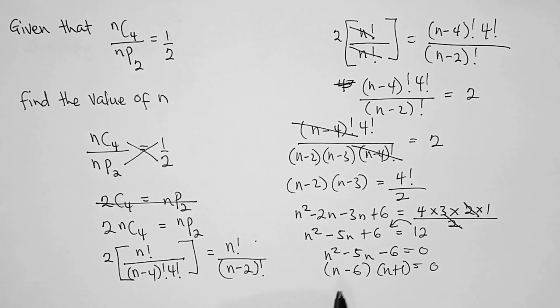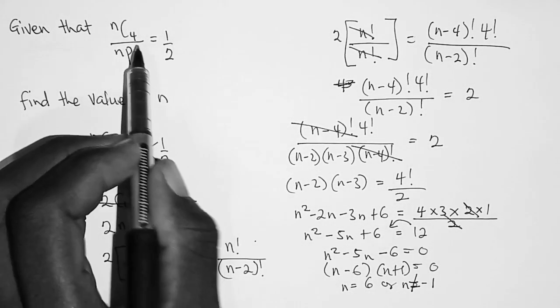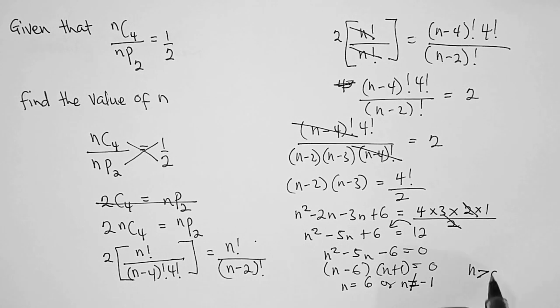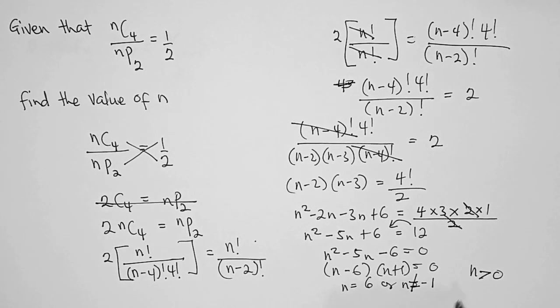So the values of n are n equals 6 or n equals minus 1. However, n cannot be equal to minus 1 because in terms of combinations and permutations, n must always be greater than 0. And therefore the value of n is equal to 6.